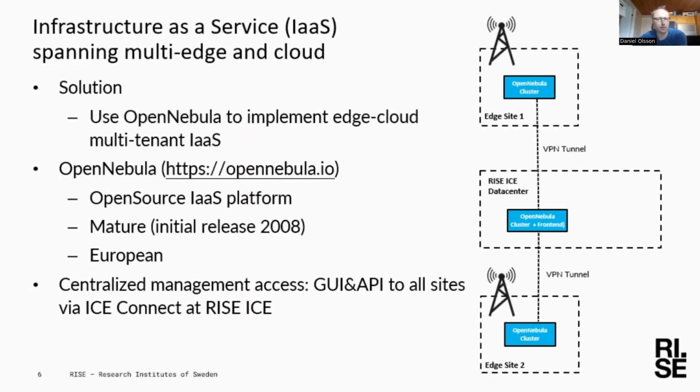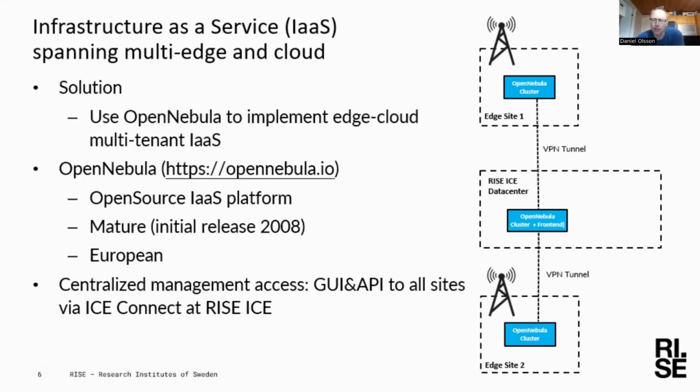So we are using OpenNebula, that doesn't need any introduction here, to provide infrastructure as a service spanning edge and cloud. And we run the front end at the ICE data center, which provides centralized management access using the GUI, API and CLI.